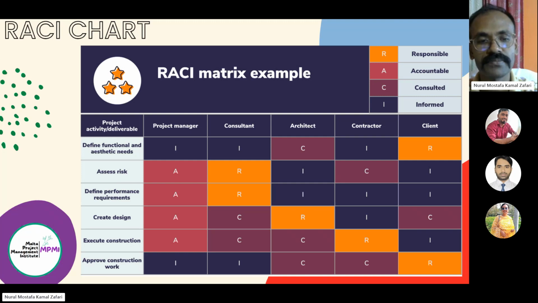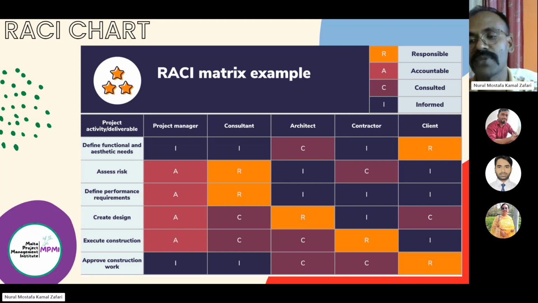So for example, there is an activity, suppose, define functional and aesthetic needs. For this, the project officer needs to inform the project manager. He needs to inform the consultant, and he needs to consult with the architect.